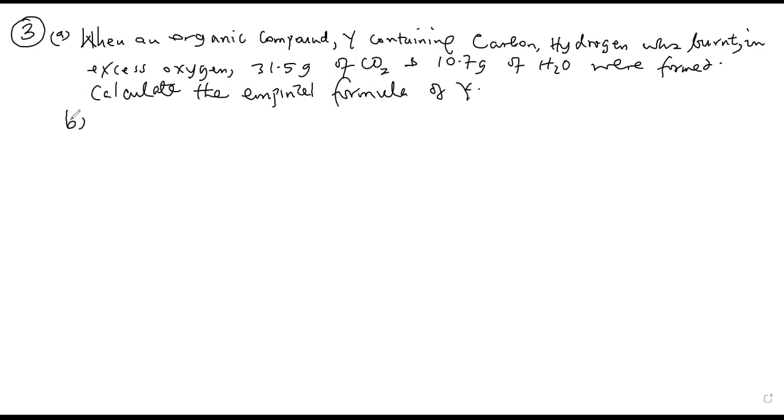Then B, Y was steam distilled at 70 degrees Celsius and 760 millimeters of mercury.